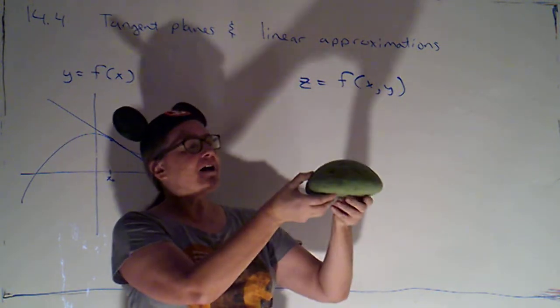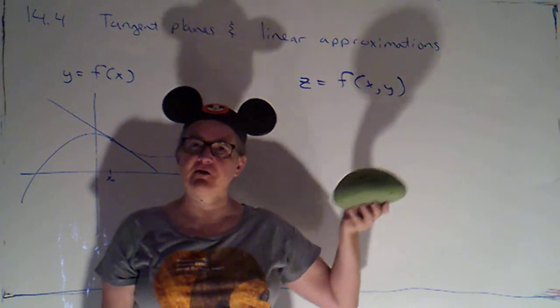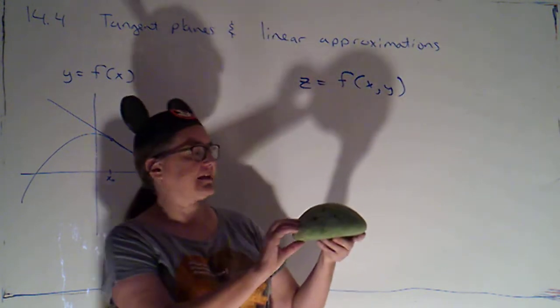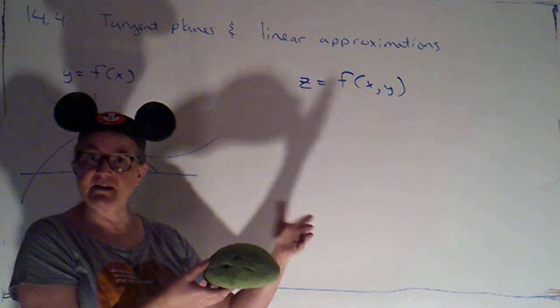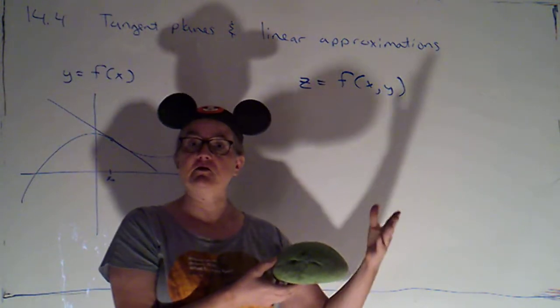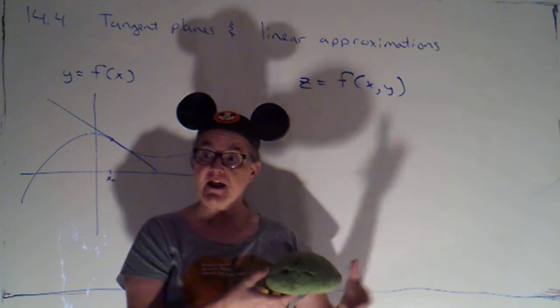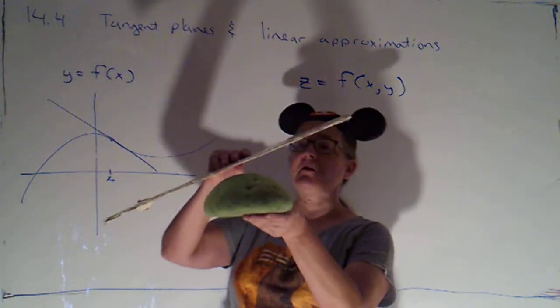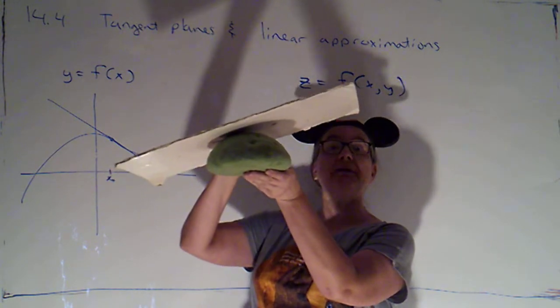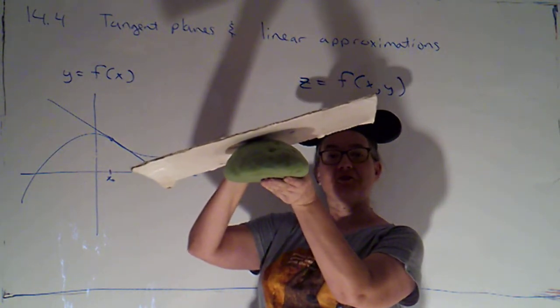Now, if I wanted to come up with a linear function of 2 variables that estimated this, well, a function of 2 variables is going to give me a surface. A linear function is a surface that doesn't curve. It would be a plane. So we'd be talking about finding a tangent plane to our function.